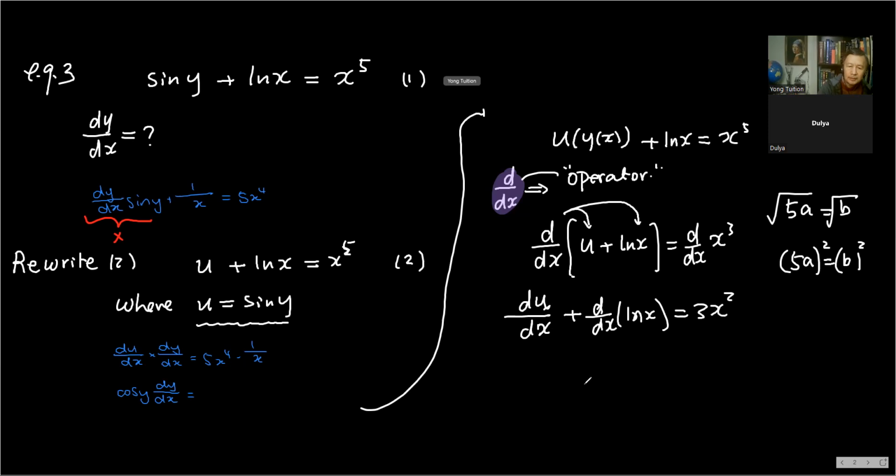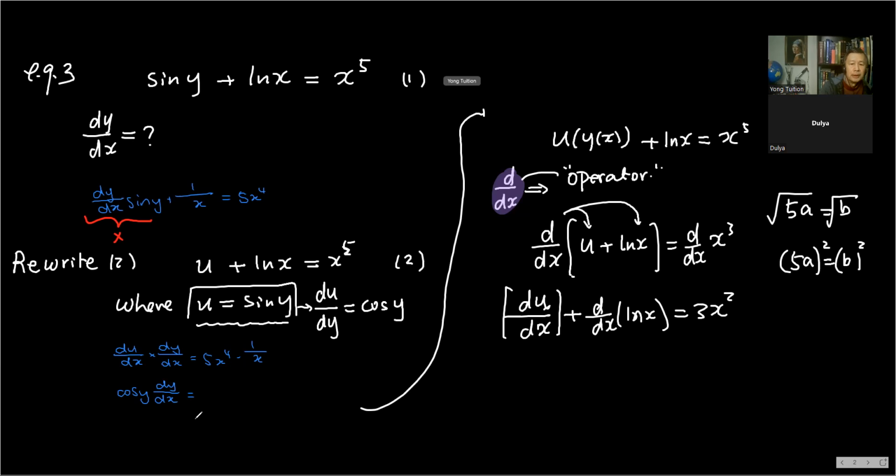Now, this term we cannot do directly. We have to use the chain rule, because this is a differentiation with respect to x, but this formula has no x. What we can only do is du/dy. From this relation, what's du/dy? Cos y. Yes, that's right.